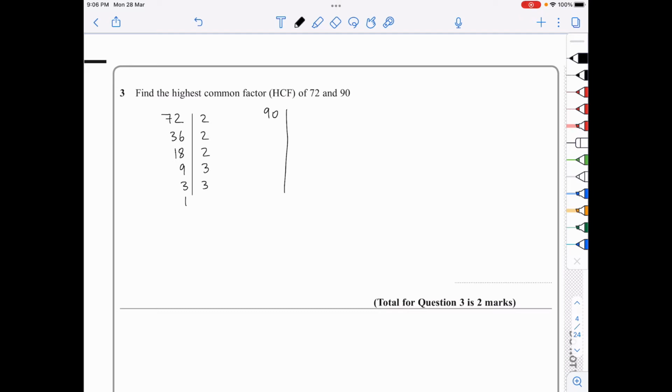And then for 90, I will start with 2, taking me to 45, 3 to 15, 3 to 5, 5 to 1. And we're looking for the highest common factor. I see a 2 being common, a 3 being common, and another 3 being common. So the highest common factor has to be 2 times 3 times 3, which is 18.